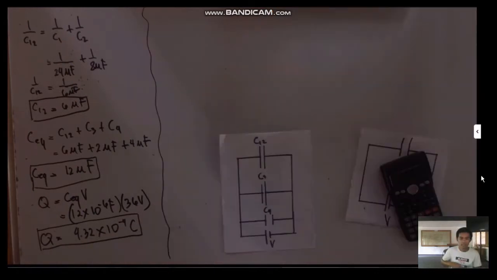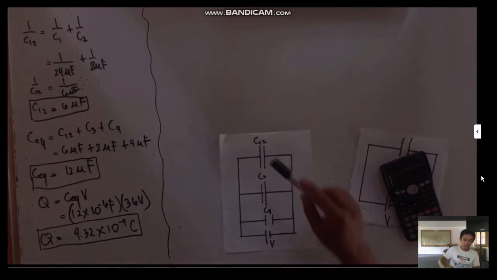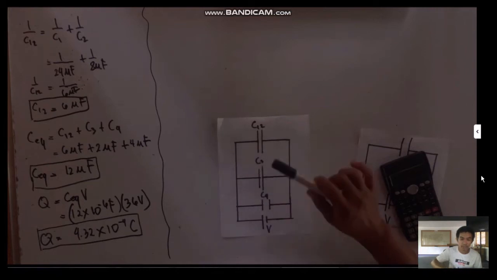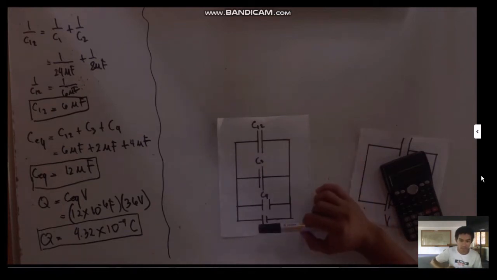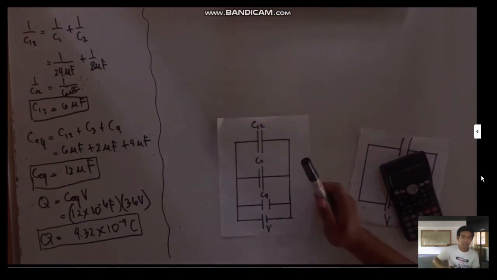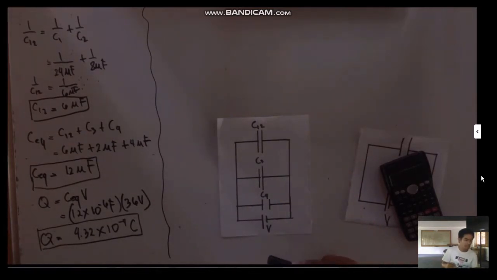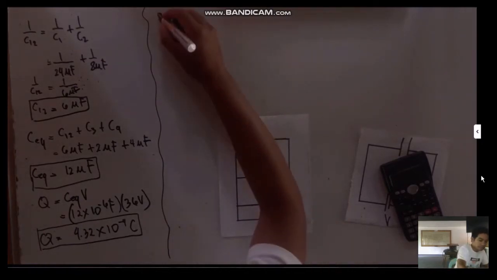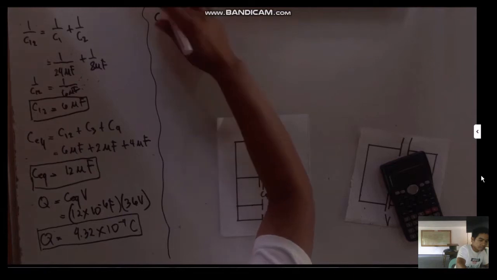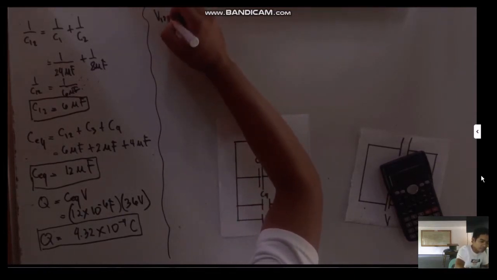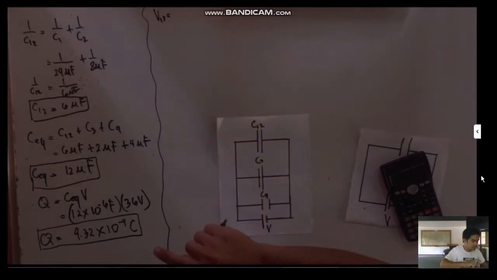So next is the voltage across each capacitor. Since C12, C3, and C4 are connected in parallel, what is equal for every capacitor? That is the voltage difference. All voltage differences are equal since they are connected in parallel. So V12 equals the total voltage, 36 volts.